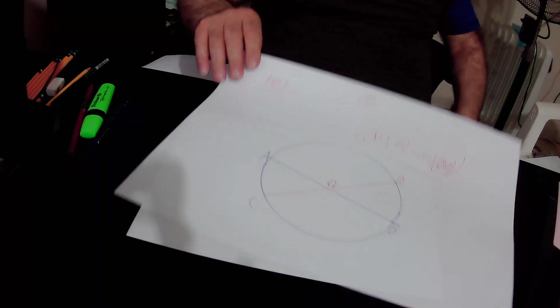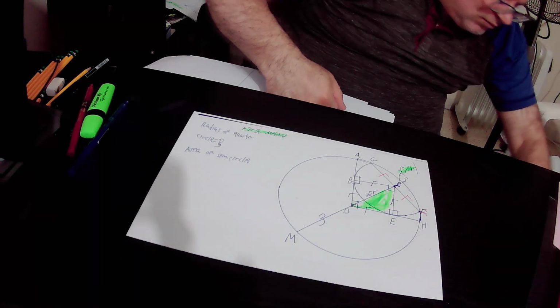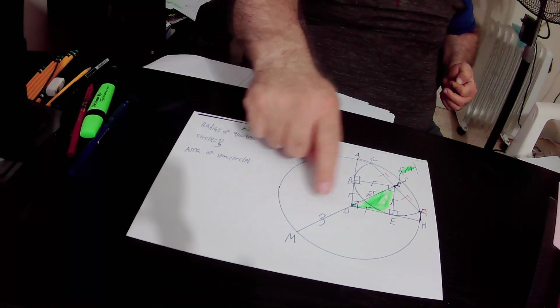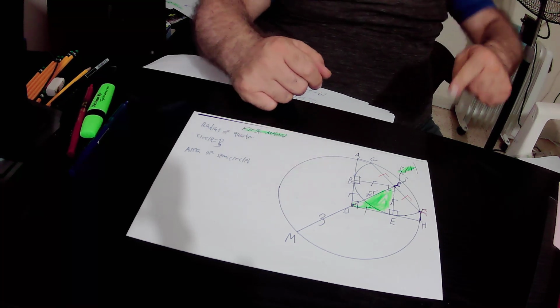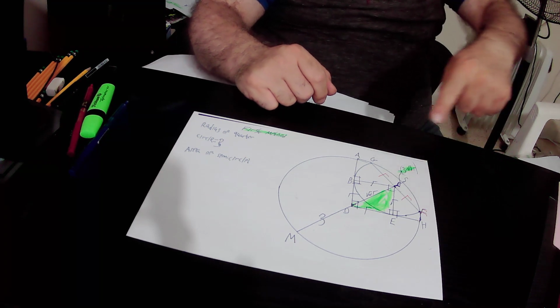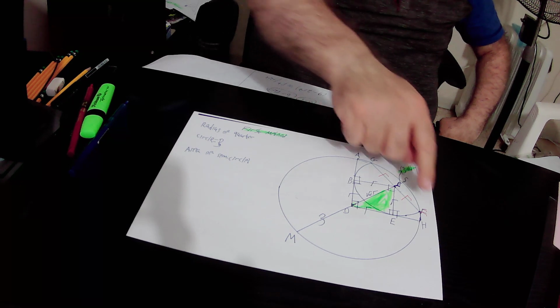And then we implemented rule number 3 in our drawing. In our drawing, we have chord MS that intersects with chord GF at point C. Point C is the intersection point of chord MS with chord GF.